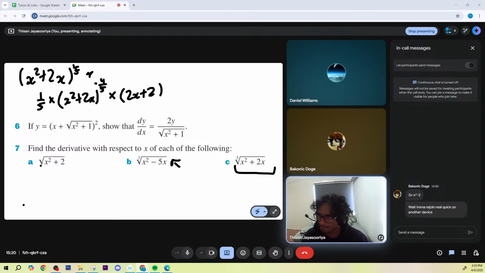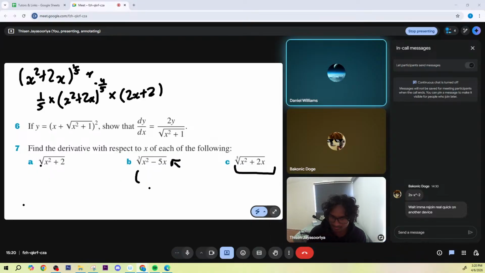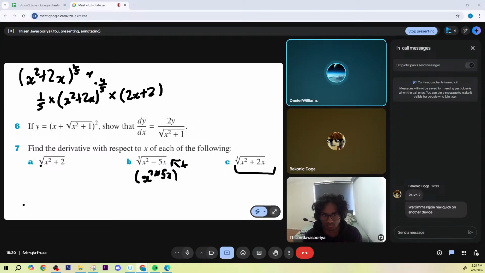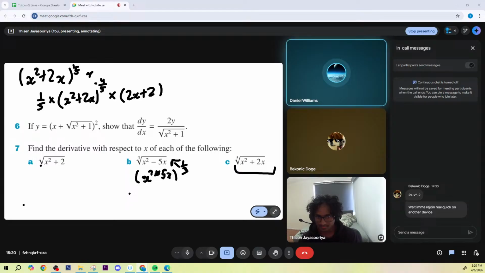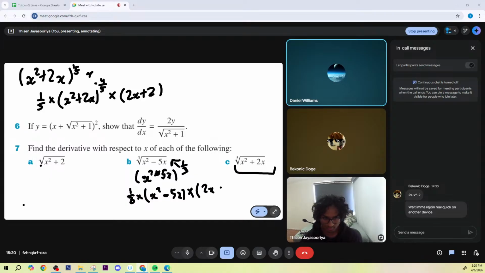So Daniel, how can you rewrite this one to something you can differentiate? (x squared minus 5x) to the power of 1 over 3. Yep. So what's the derivative of this one? 1 over 3 times (x squared minus 5x) multiplied by 2x minus 5.